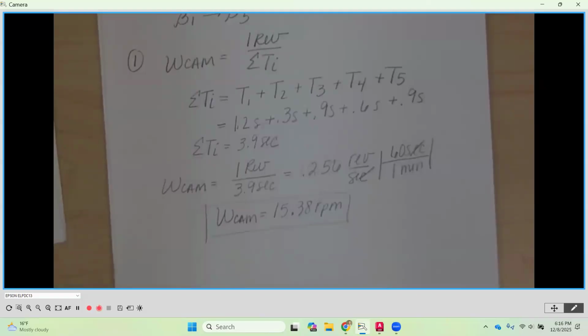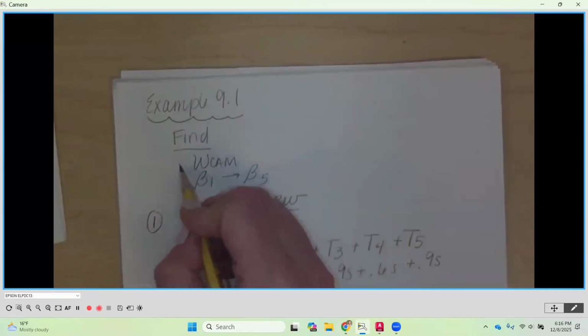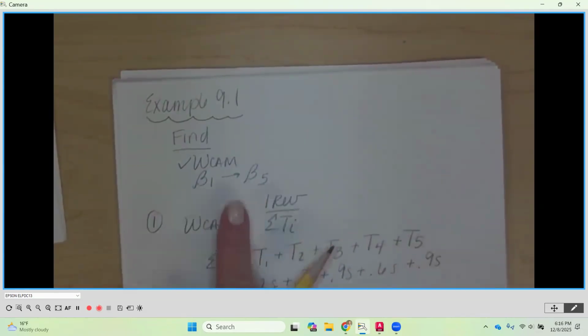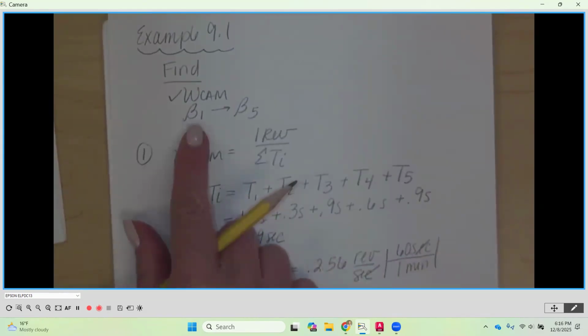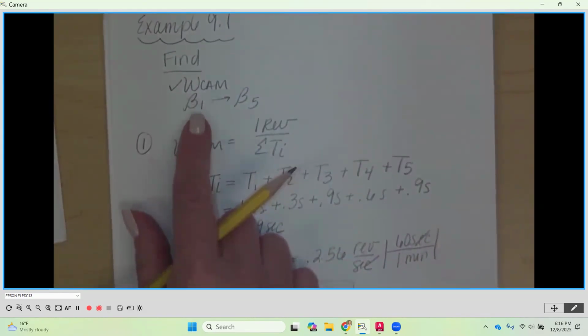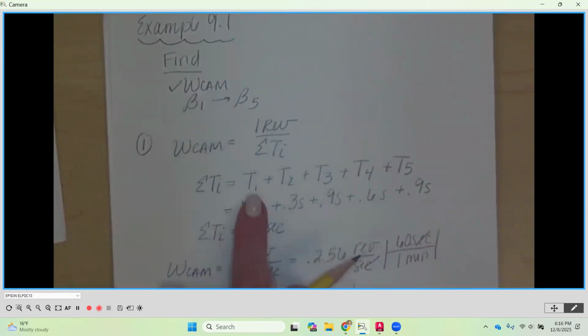Now, we've got our W of our cam done. Now we want to figure out the betas. The betas are the cam revolutions pertaining to each one of the individual prescribed motions. As I said earlier, beta is an angle. So if I say beta 1, that's going to be the angle that the motion for time 1 takes up.